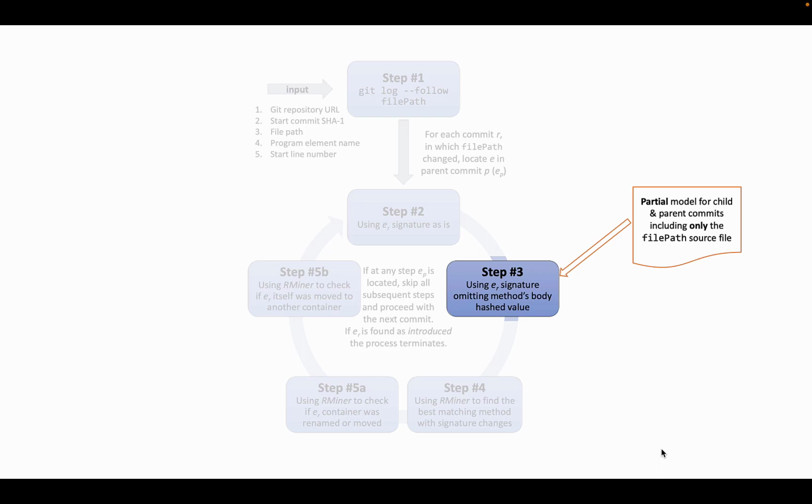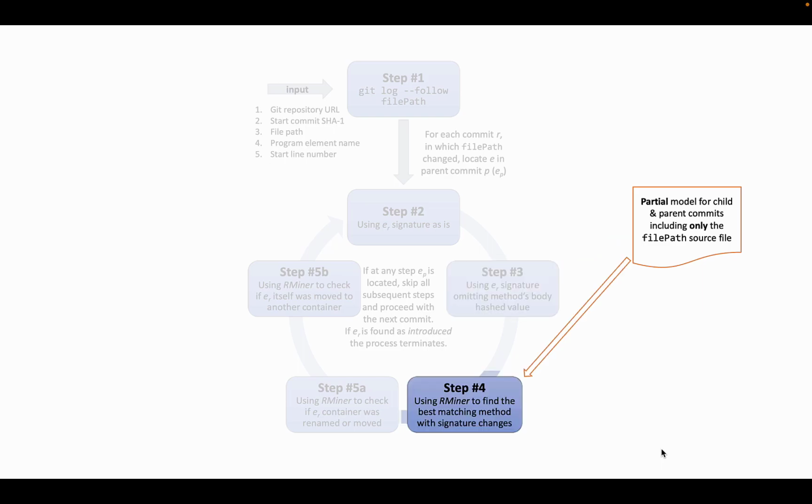Again, if a match is not found, then we proceed to step 4, where we execute RefactoringMiner in order to find a method that is best matching the method that we're tracking. And this will be a method with a change in the signature.